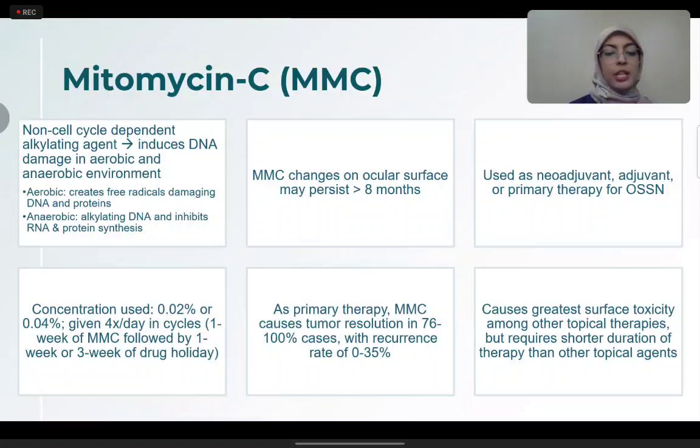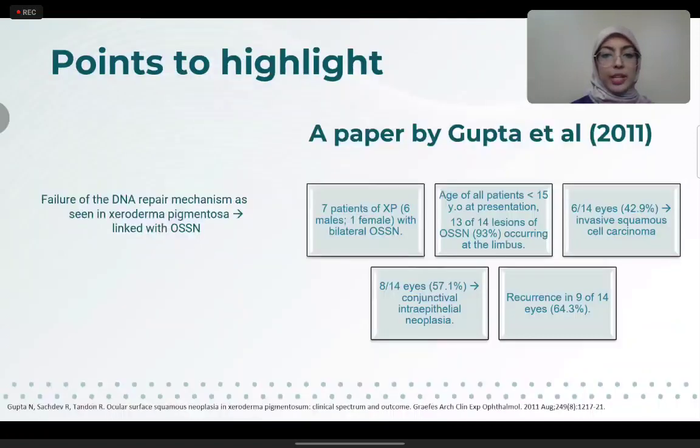For the concentration, it is 0.02% to 0.04% four times per day for 1 week, then off for 1 week, for 3 cycles. Because it may have an effect on the ocular surface, this patient was not given mitomycin C, noting the slow healing process in this patient.